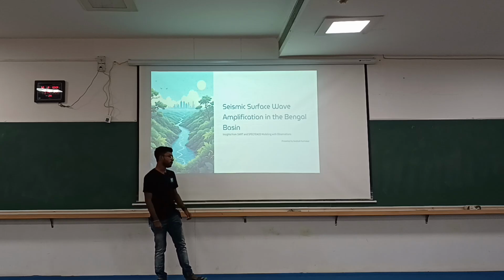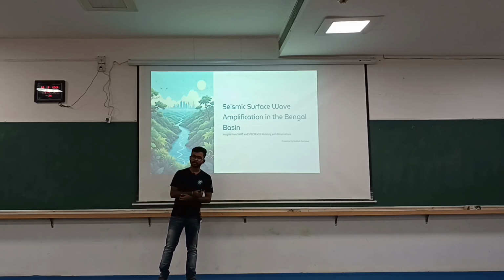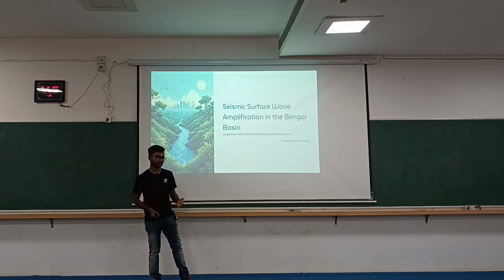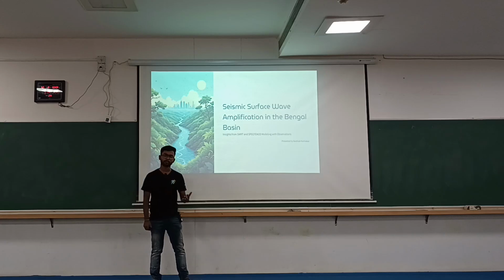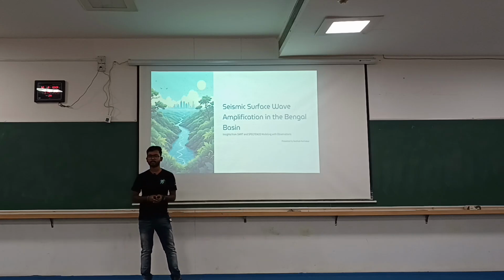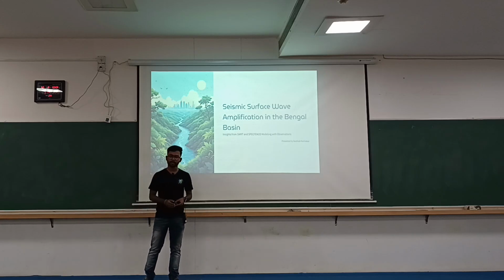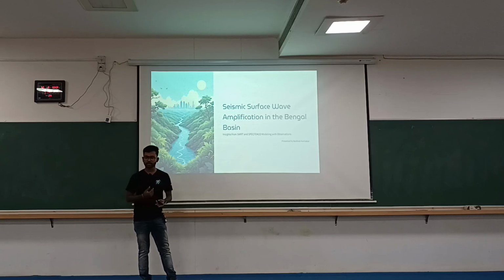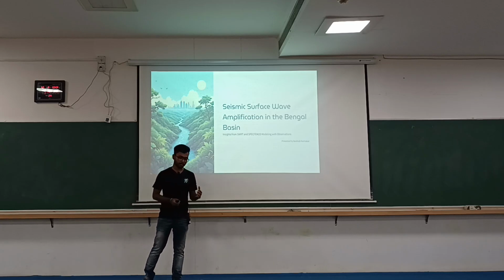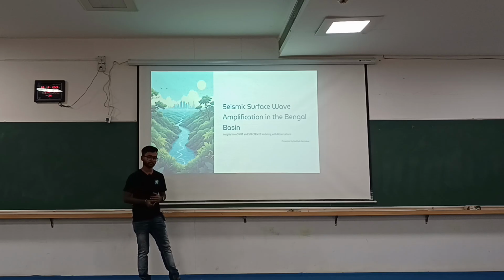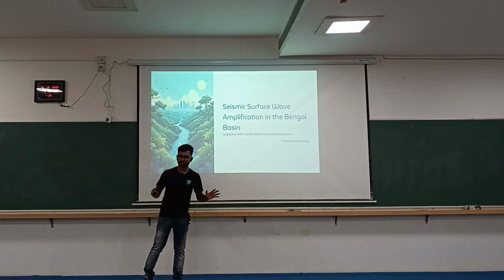As we all know, we are just 500 kilometers away from the Himalayan part and it is very north to us. So we can think that in the Bengal basin, where we are now, which is 500 kilometers away from the tectonically active Himalayan region, we may assume that we are safe there.